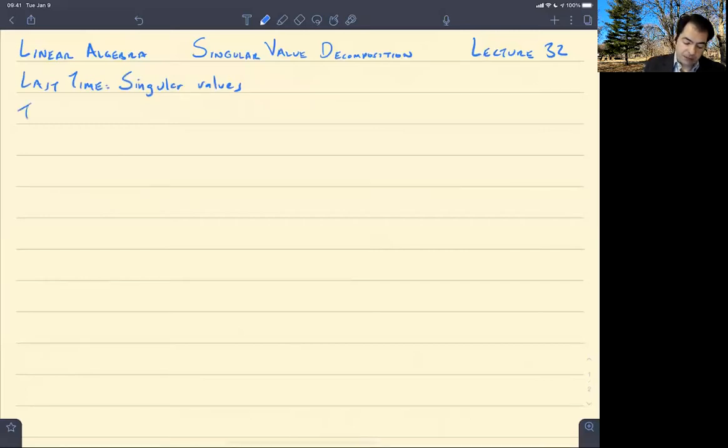This time, we want to talk about singular values for matrices and about how you go about in practice finding the singular value decomposition of a matrix.